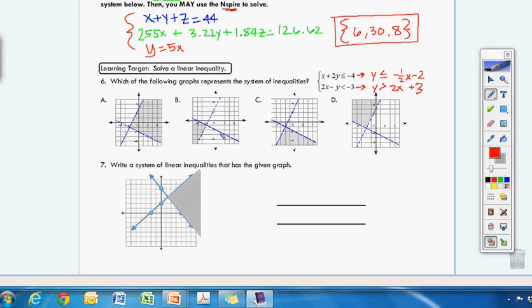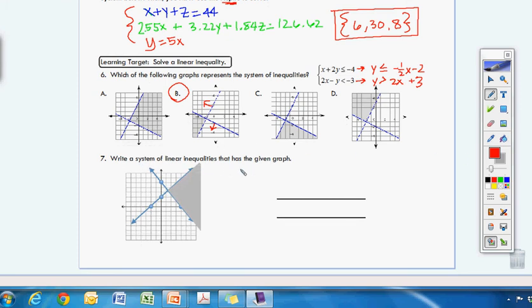We're going down 1/2, so this is working out great. And it's less than, which means my shading should be going this way. My other equation, I'm going to be up at positive 3. It's up 2/1, so this looks great. And y is greater, which means my shading wants to go this way. So this is the correct shading. B is your answer.